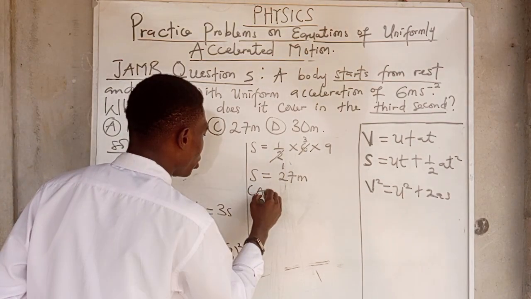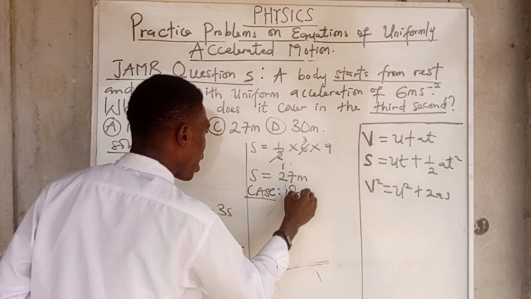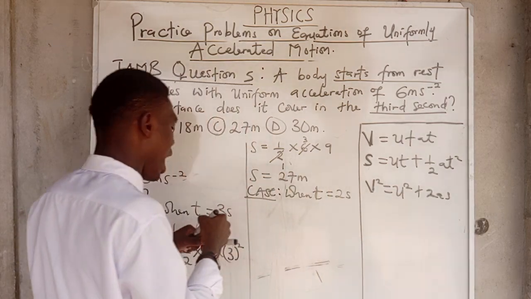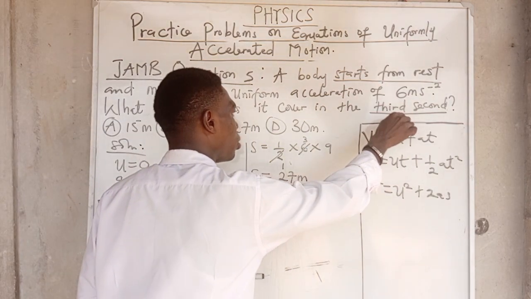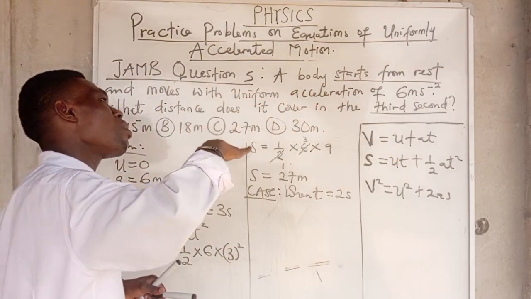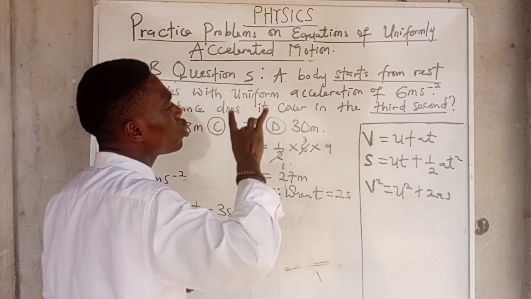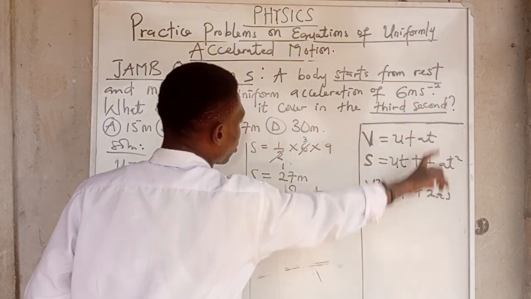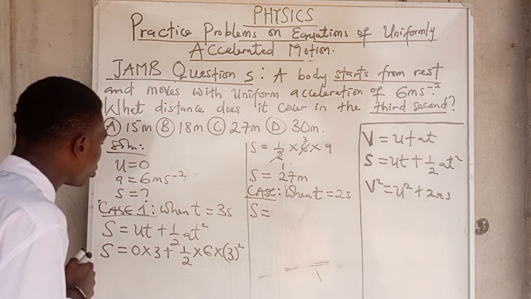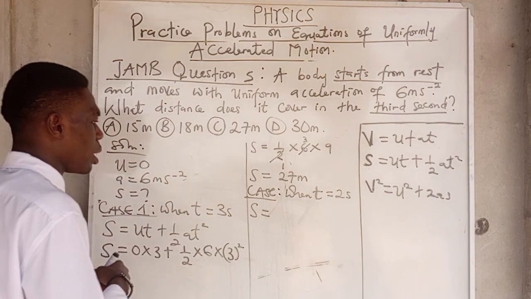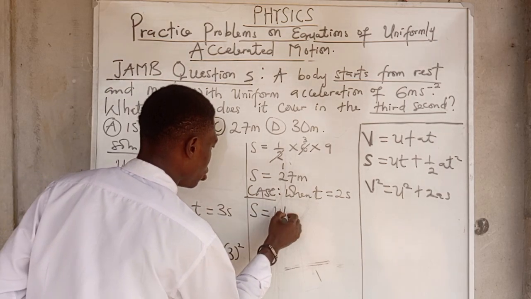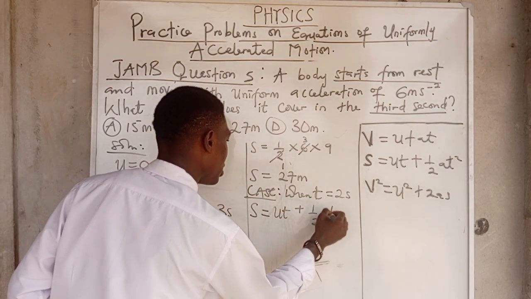So case 2 is another you need to get, that when what? Time is 2 seconds, because we are asked to calculate distance in the 3rd second. Calculate the distance when time is 3 seconds, then calculate distance when time is just 1 below the second mentioned, that's 2 seconds. So we also use S is equal to UT plus half AT squared. So quickly, let me write it, UT plus half AT squared.